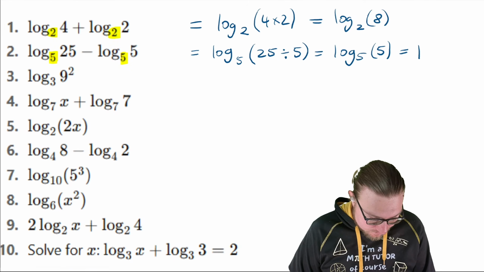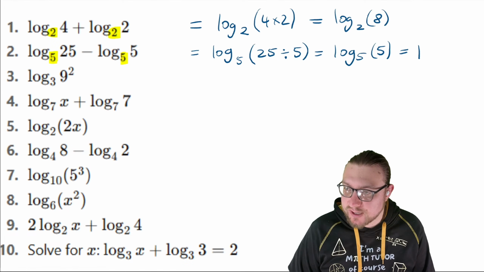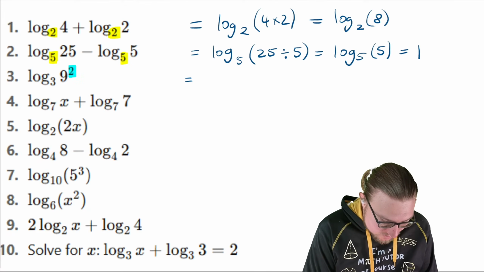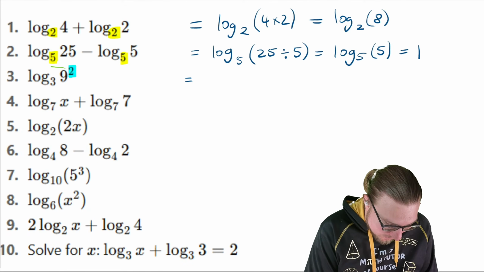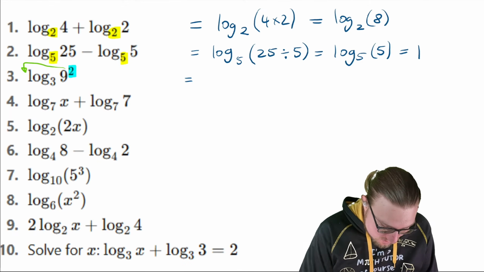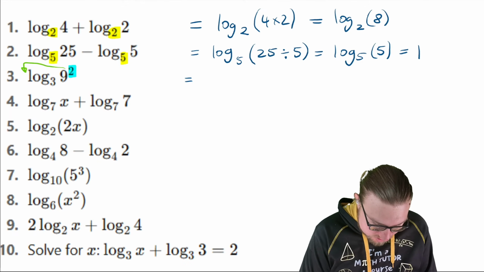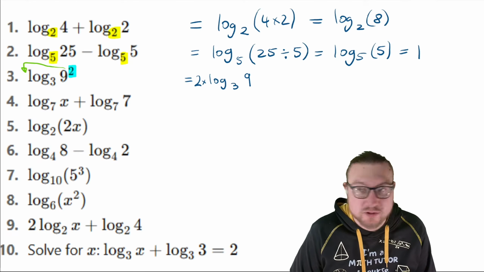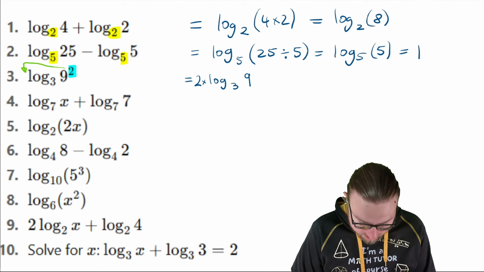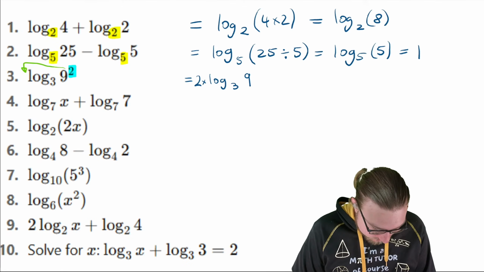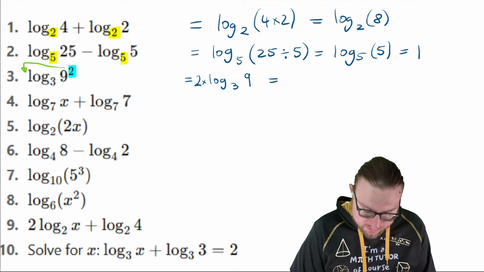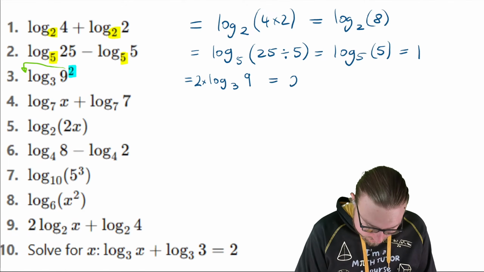Okay, log base 3 of 9 squared. Well, we can see there's something with a power. What is the rule when we have a power? A power moves in front. So what does that mean? We're going to get log base 3 of 9, and the 2 is multiplied in the front. So we're going to get 2 times log base 3 of 9. And what else can we do? Well, 9 can be written as a special number.